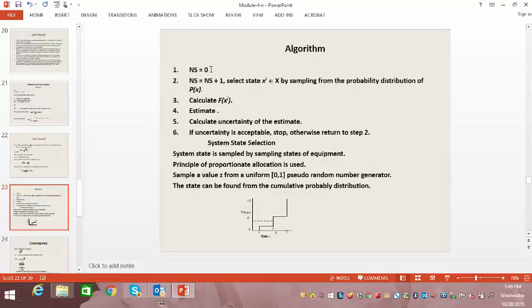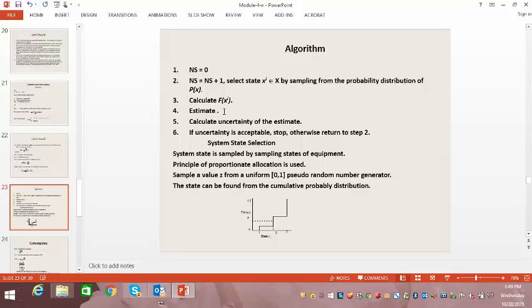You start with 0 samples, then you pick up the first sample, so you have to select this state by sampling from the probability distribution P(x). Then you calculate the function f(xi), which means it is either 1 or 0.